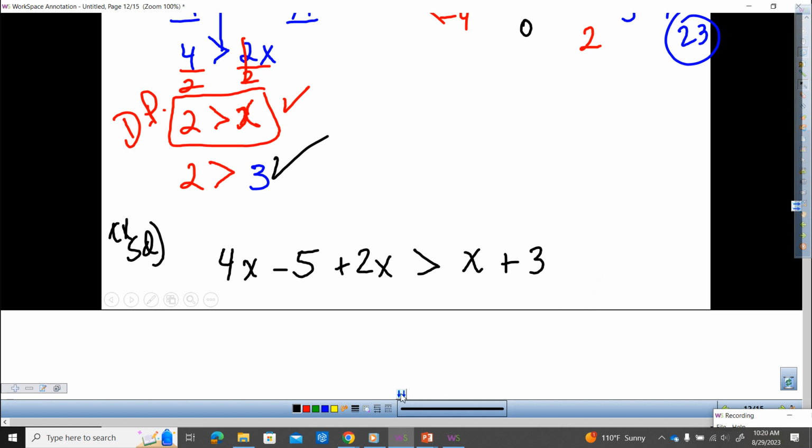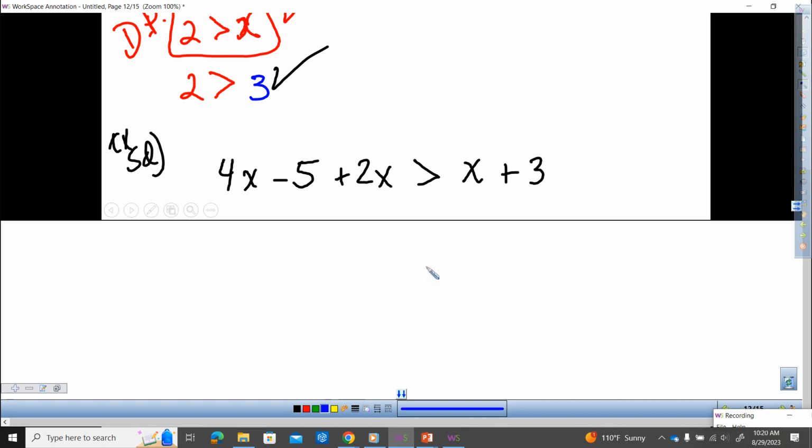All right, let's do this one together. Here we go. Line down the inequality symbol.